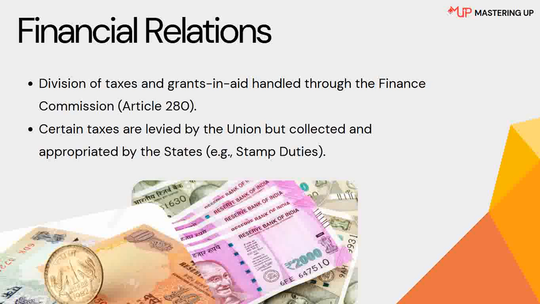Examples of these relations between the union and states are divisions of taxes and grants-in-aid handled through the Finance Commission. Certain taxes are levied by the union but collected and appropriated by the states. Example, stamp duties.